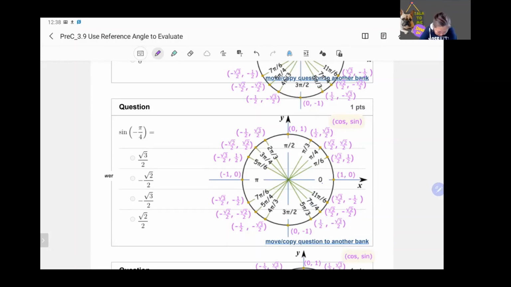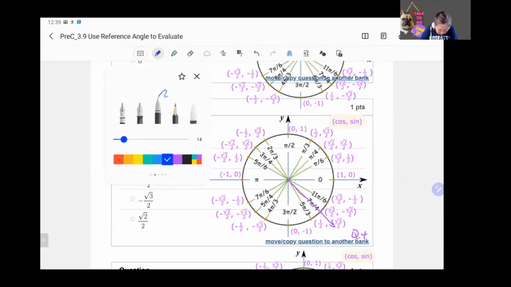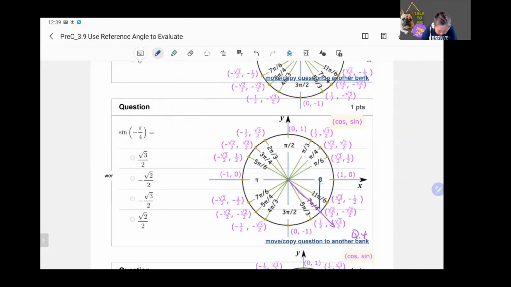So I get this as the terminal side, and it's in quadrant 4 here. Now this is the position, and as we already saw the same positioning in the previous problem, the reference angle of this angle is here.